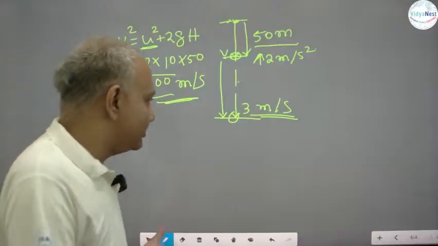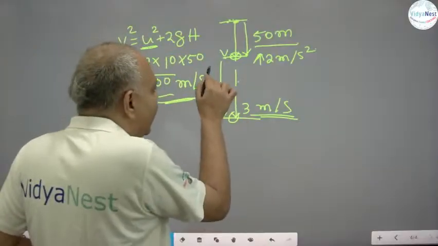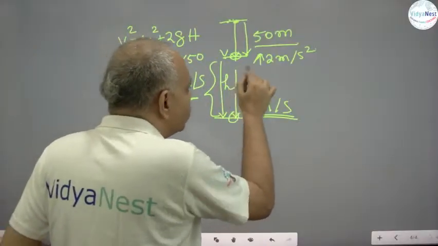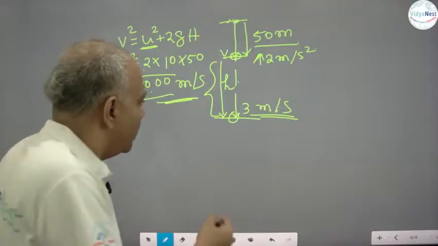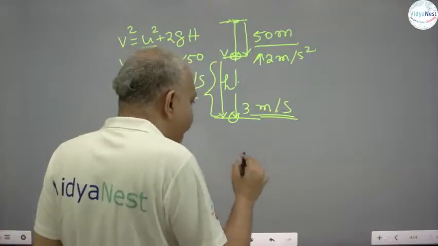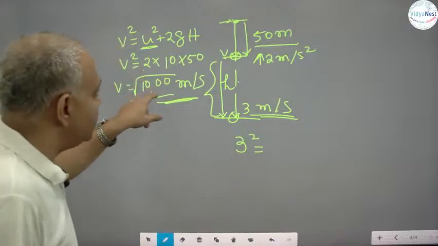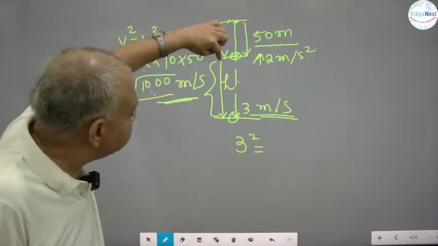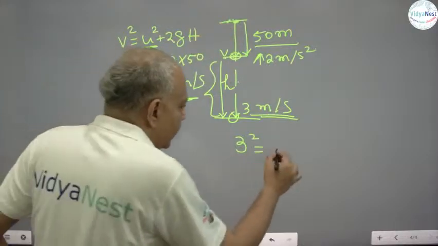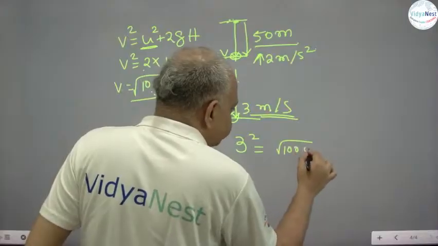So now I can calculate this h from this data. Let's think. Final velocity square, 3 square, is equal to initial velocity square. The initial velocity is from this point, root over 1000.